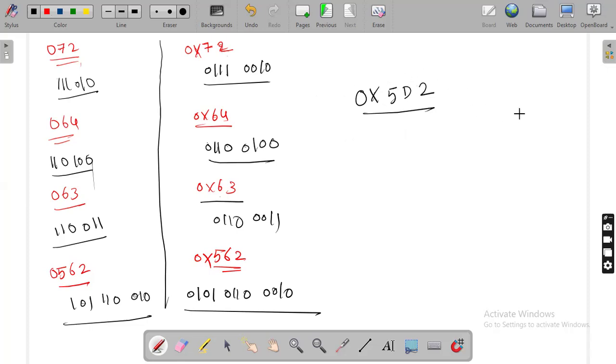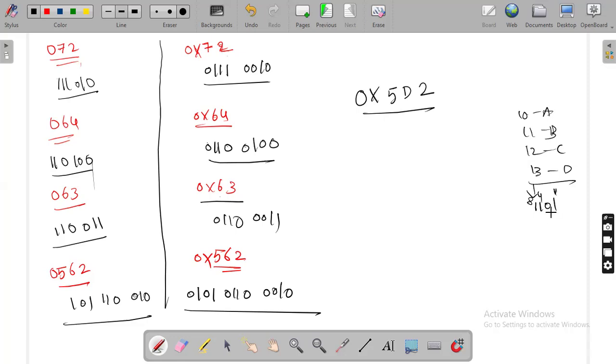I already told you that 10 means A, 11 means B, 12 means C, 13 means D. What is the binary of 13? In 4 bits format, 1, 1, 0, 1: 1 plus 4 plus 8, that is 8 plus 4, 12, 12 plus 1.